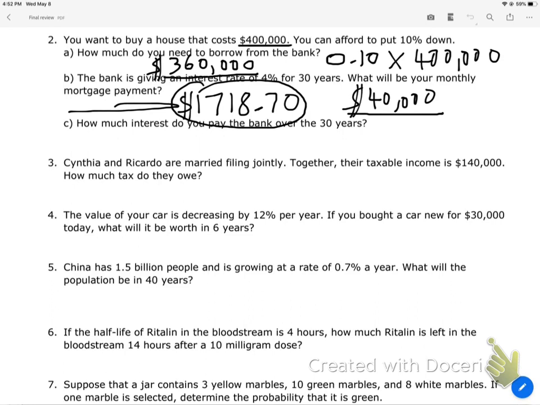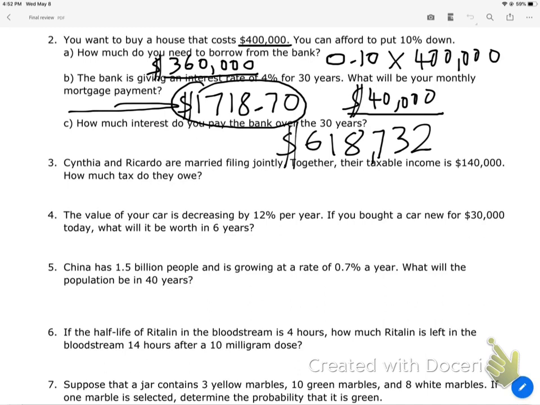I think I made a mistake on there. 1718.70 times 360 equals, right, it is. Over 30 years, I'm going to pay back $618,732. That's how much I pay back the bank.